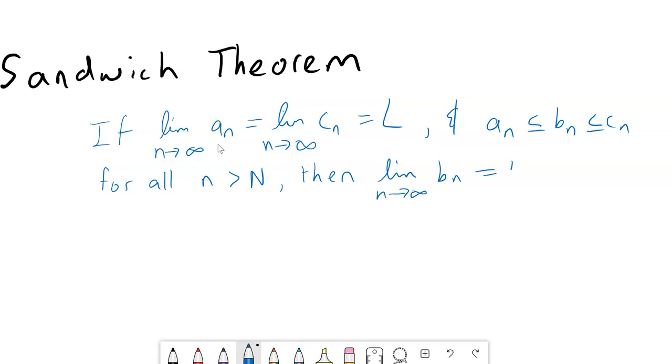It's like sandwiching it together, because we know this is between these two numbers. Let's say we don't know for sure what this is, but we know these two and it's between them. If they're the same number, we're sandwiching b in between a and c, so it should be the same thing.